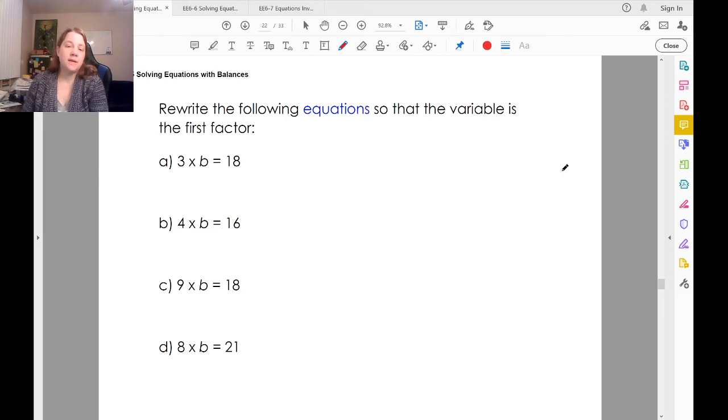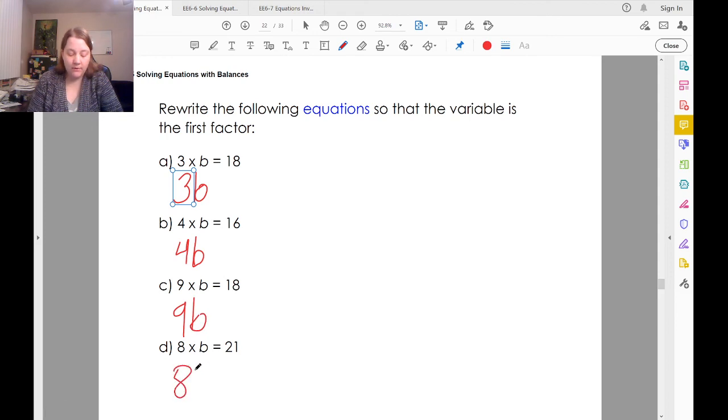So they want you to rewrite this without the multiplication sign, and they want the variable to be the first factor. Mathematically, you typically write it without the multiplication sign, with the letter first. However, it's not wrong to write it as B times 3 equals 18.